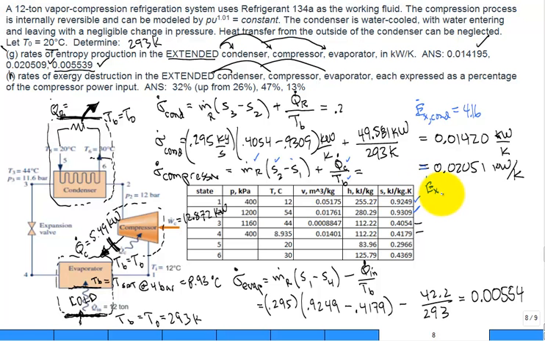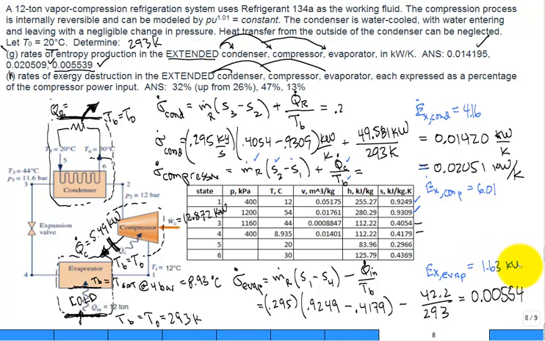Exergy destruction rate in our extended compressor comes in at 6.01, and our exergy destruction rate in our extended evaporator comes in at 1.63.